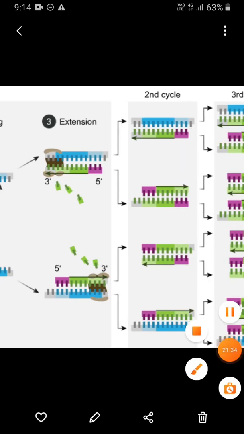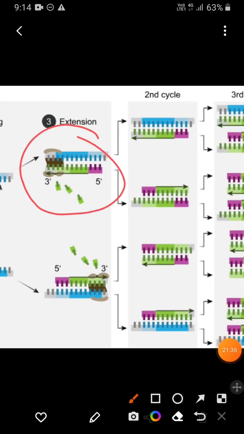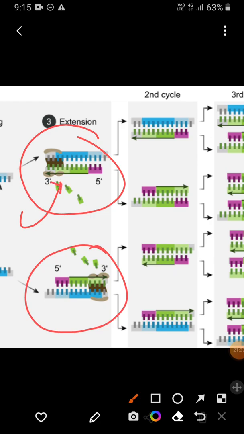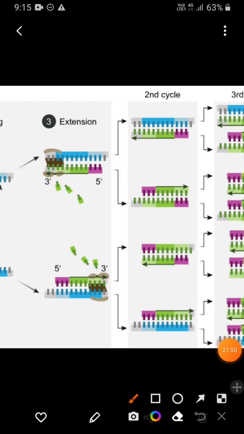So that is how the extension process goes on, and here the role of polymerase is played by Taq DNA polymerase, and as its optimum temperature is 74 degrees centigrade, after annealing we have to again increase our temperature to match the optimum temperature of the polymerase that we are using, right?